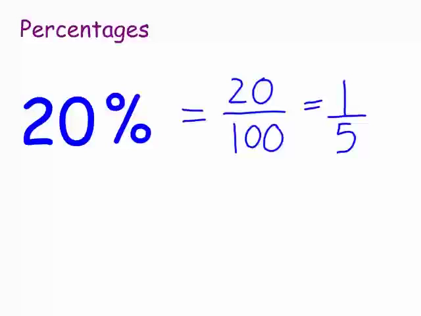So instead of 20%, we could say 1/5. We could also write percentages as decimals, which I think is the best way to handle them. 20% is 20 over 100, and when you divide by 100, you move the decimal place over 2 places to the left, so it becomes 0.2. So 20% is equivalent to the fraction 1/5 or the decimal 0.2.